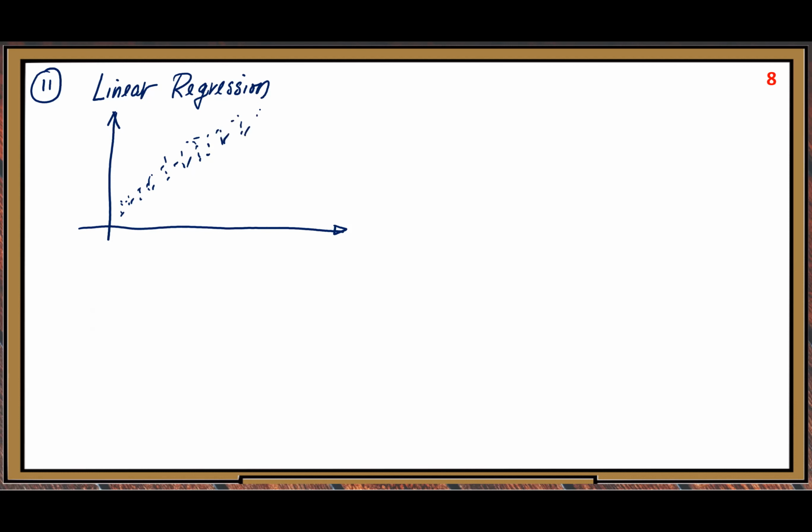You can see there is a trend, and this trend is very close to a straight line. Here the question is, how to find this line?